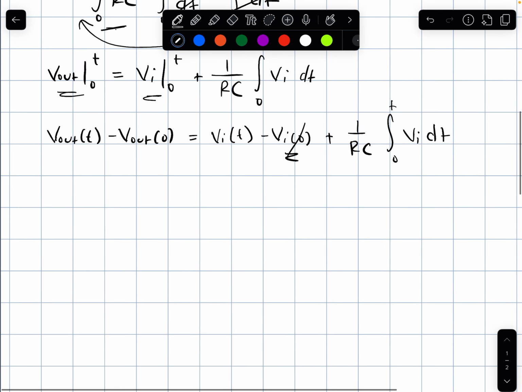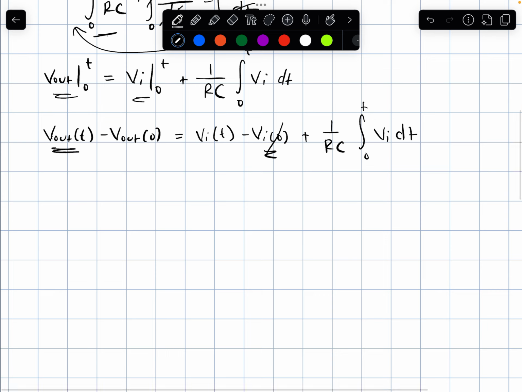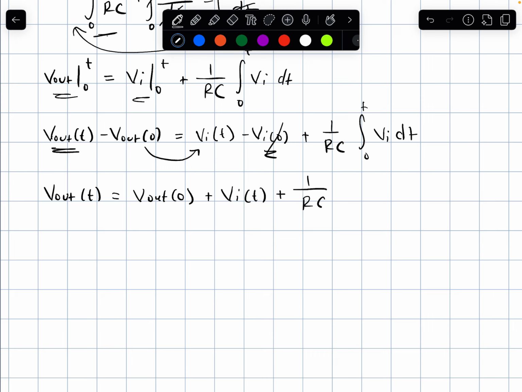Okay, now we clean everything up. So get in terms of V out of t. So V out of t equals, we just have to move this to this side, that's about it. This turns into a positive: V out of 0 plus Vi of t plus 1 over RC times the integral from 0 to t of Vi dt.